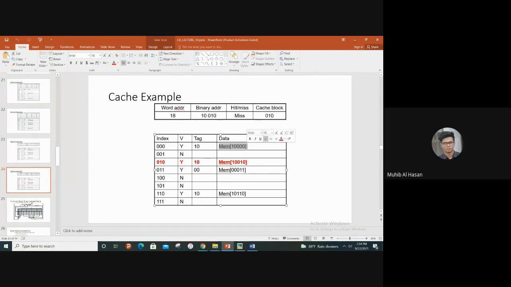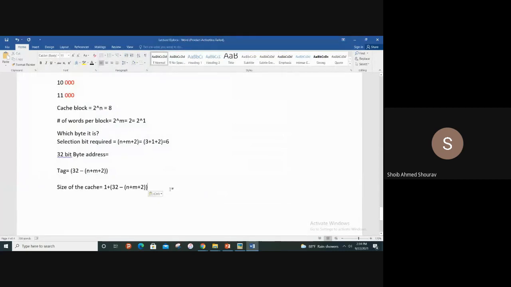Yes, sir. ওকে, স্যার বিট নাকি বাইটে নিতে হবে? বিট বিট বিট। So for data, if I say the number of words is actually 2 to the power m, is it clear? Please respond.